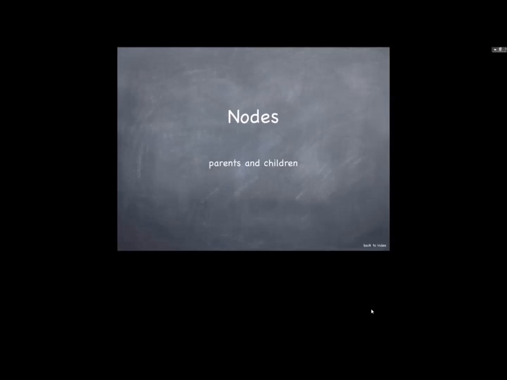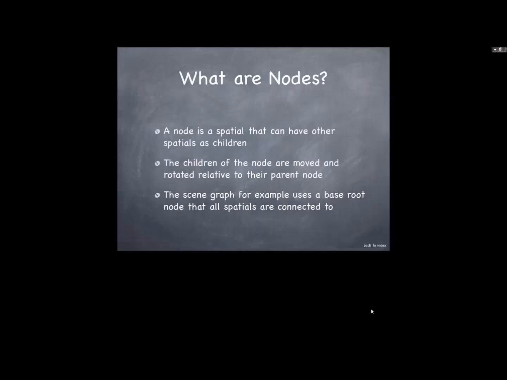Nodes is another interesting concept. We have spatial, which is a superclass of node and geometry. So nodes are spatials and geometry are spatials. And you can build a tree using nodes and geometries. We always start with a node.